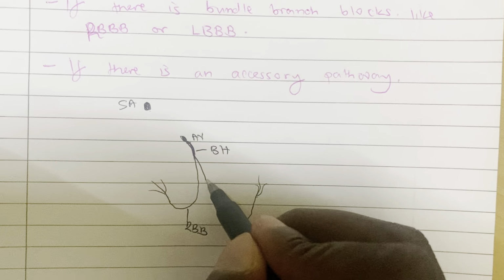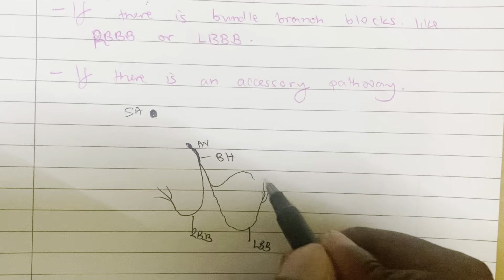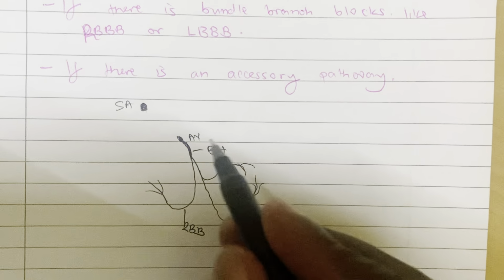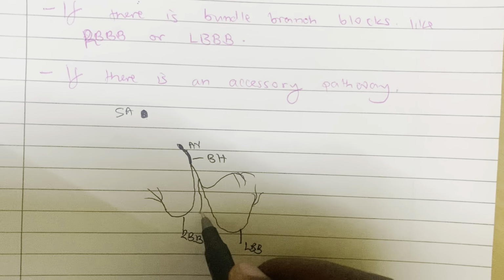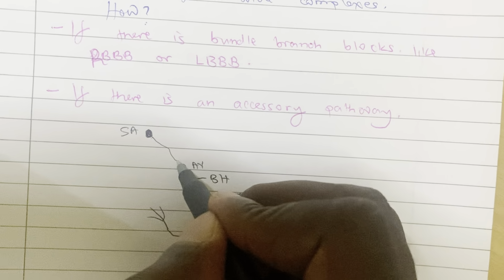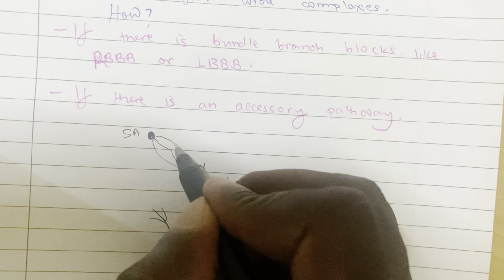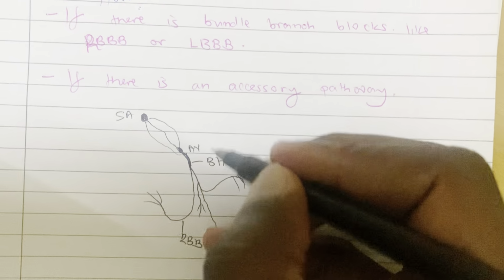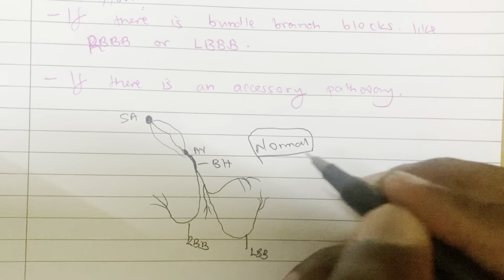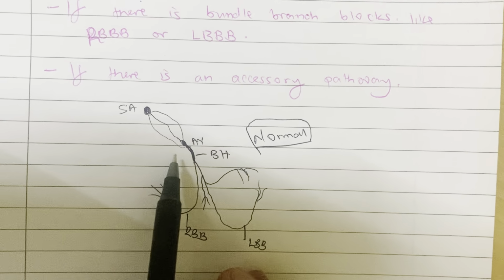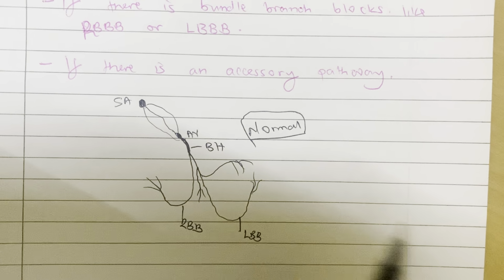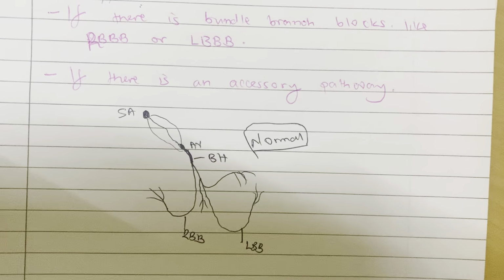Of course, 2 divisions are there: anterior division, posterior division, and then of course the septal branch is there. So we have internodal fibers. This is normal, that the impulses move from the SA node through the internodal fibers to the AV node, bundle of His, right and left bundle branches at the same time.